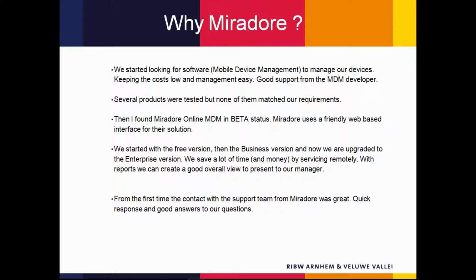A few months later, the Enterprise edition was introduced, and now we are running the Enterprise version, and it's completely matching our requirements. We have all the things we need at this moment, so we can make it the best for our requirements and still evolve the product.